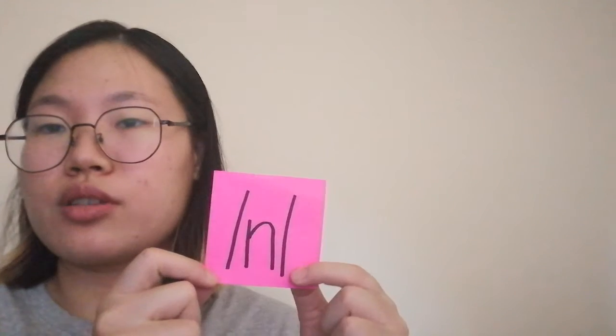The only difference is the place of articulation, which is alveolar. As you can see, for the n sound, the tip or front part of the tongue touches your alveolar ridge. Hence, it is called an alveolar sound.